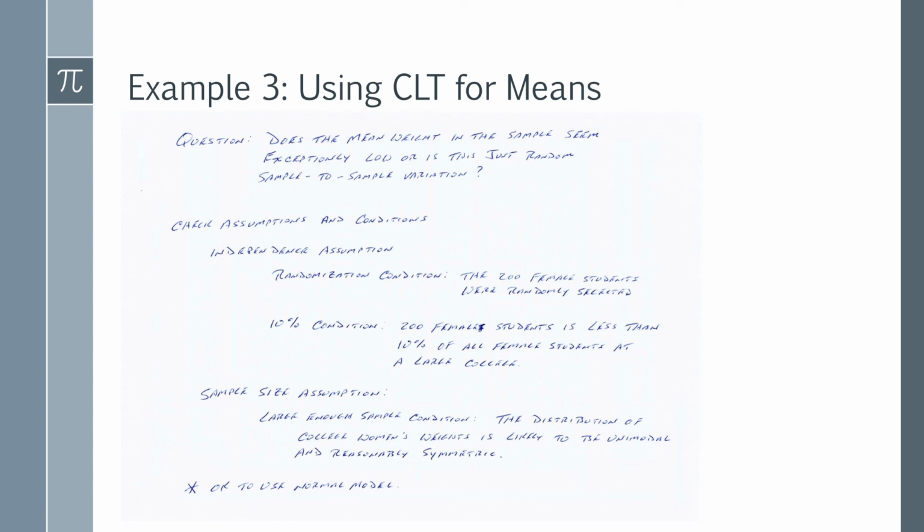So now we can say that our independence assumption has been met. Our next assumption is the sample size assumption, and we have to look at our large enough sample condition. The distribution of college women's weight is likely to be unimodal and reasonably symmetric. Remember, it doesn't have to be perfectly symmetric. Throughout this course, we've been talking about approximately symmetric. So it is okay to use the normal model.